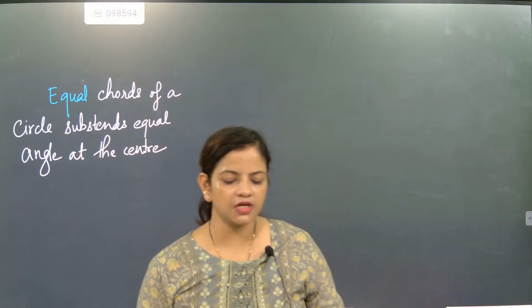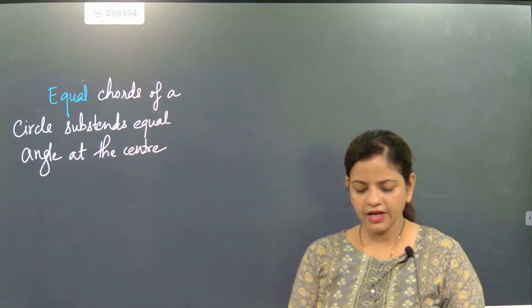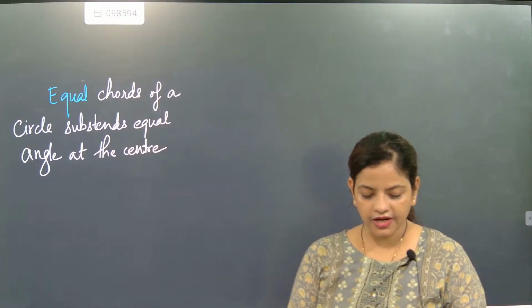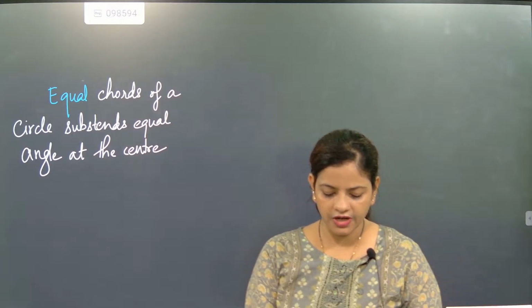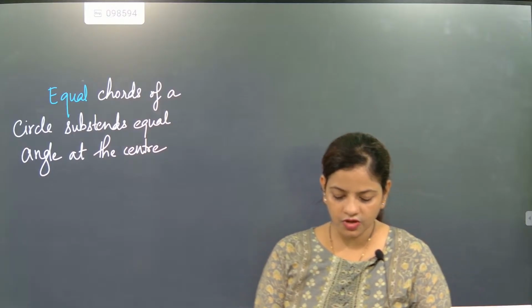Equal chords of a circle subtend what? Equal angle at the center. This is exactly the theorem. So you need to remember this. Equal chords of a circle subtend equal angle at the center. So now let's see.